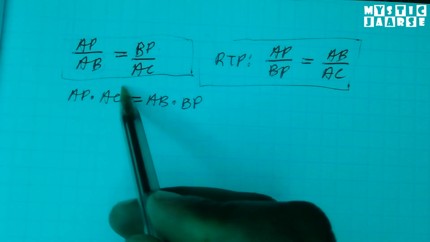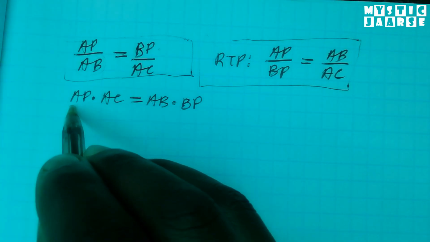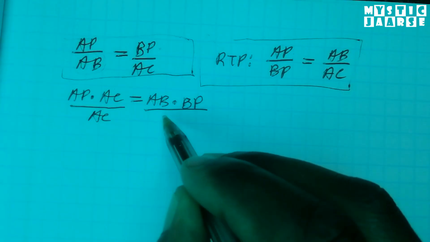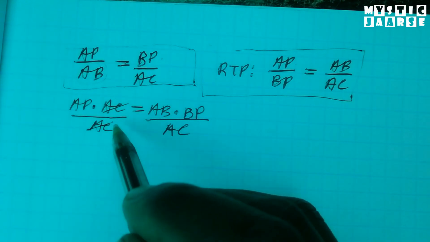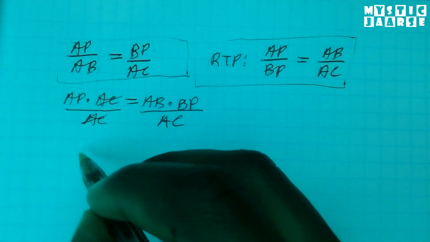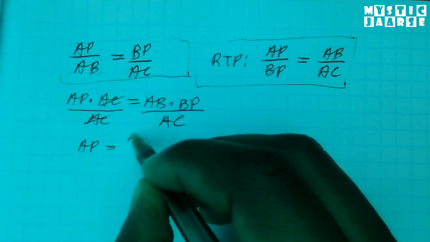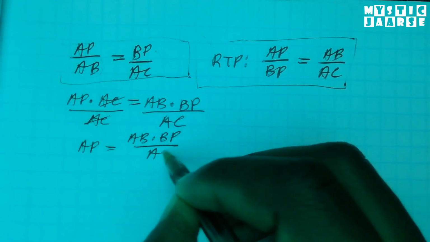Now on this side we need to have AP as a numerator, so we need to get rid of AC. So we divide by AC on this side and we divide by AC on this side. This AC cancels with this AC and we are left with AP is equal to AB multiplied by BP divided by AC.